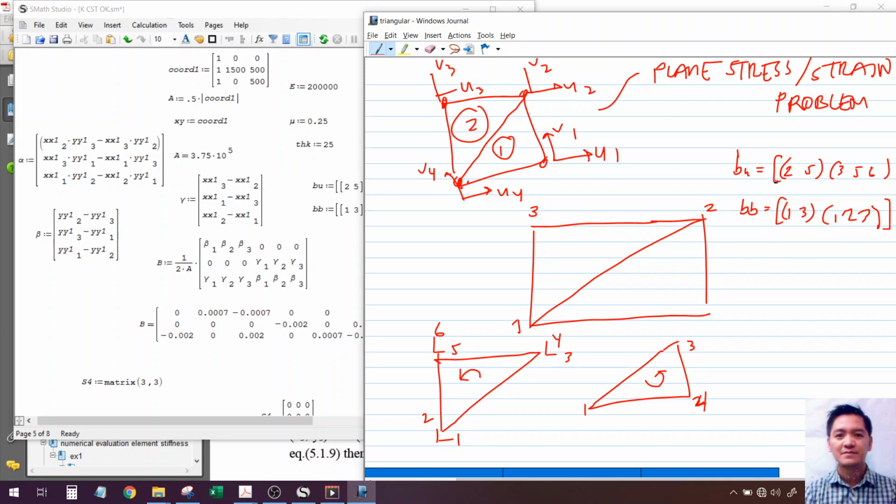Okay. So that means, remember, meron tayong displacement dito, tsaka dito, no? So, dalawa dito, tapos isa dito. So, may movement ka dito.